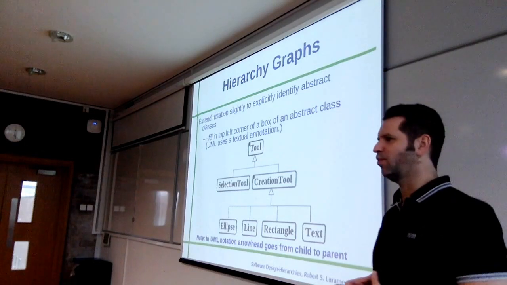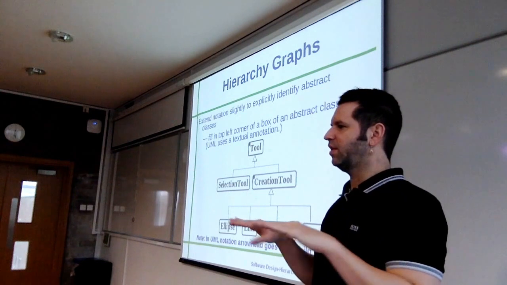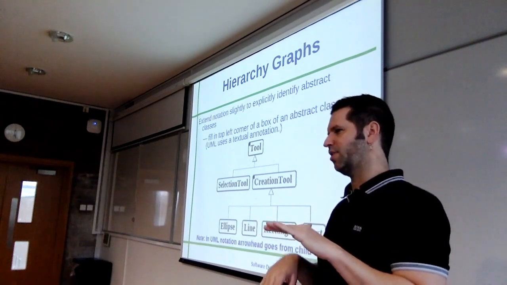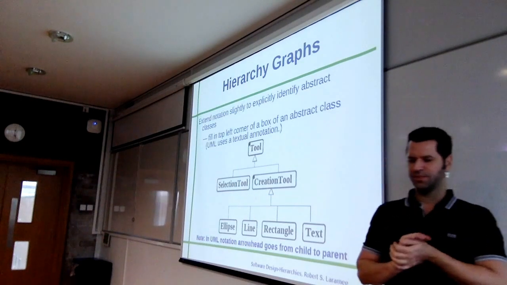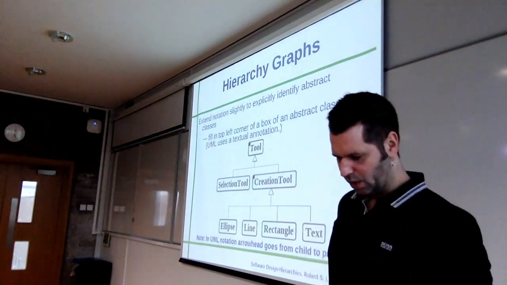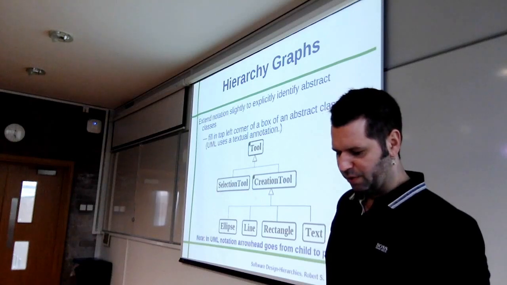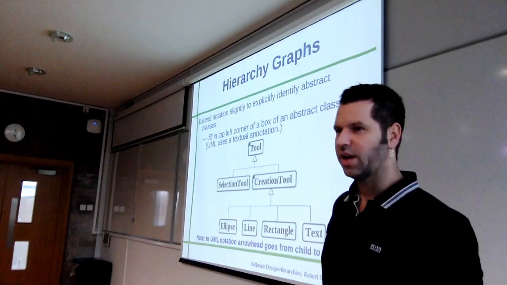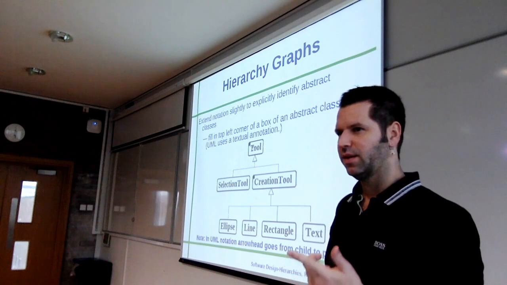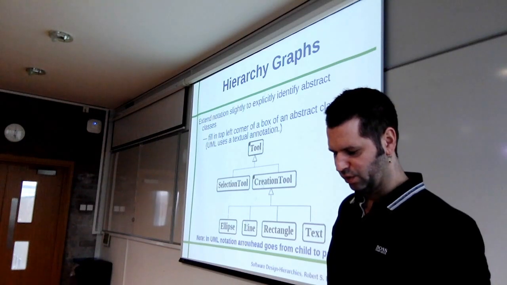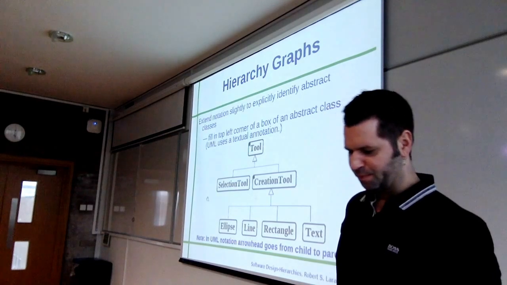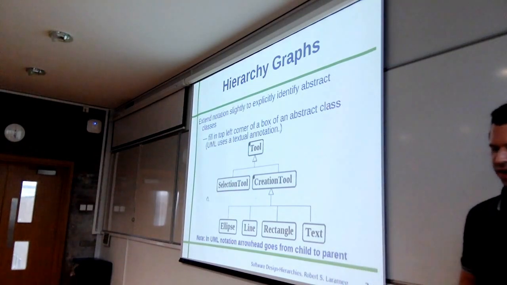That means a class where only the method signatures are defined, but not the method implementations. The method implementations are left out. And these all imply shared responsibilities, like draw and display, and so on, save and create. An ellipse is a kind of creation tool, is a kind of tool. A line is a kind of creation tool, is a kind of tool. So this is what a hierarchy graph looks like.